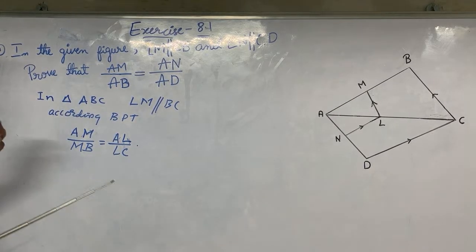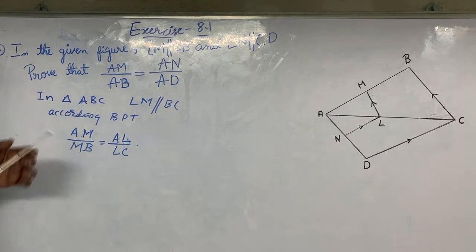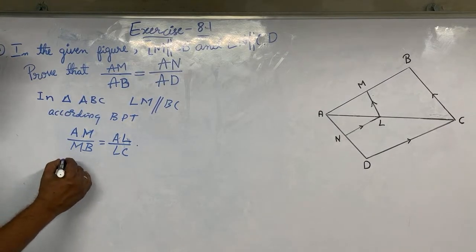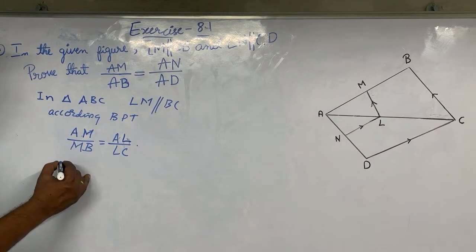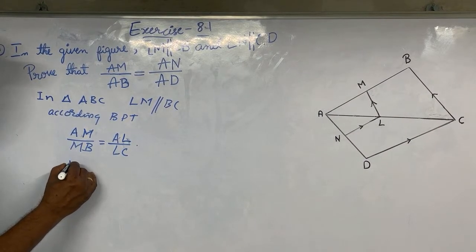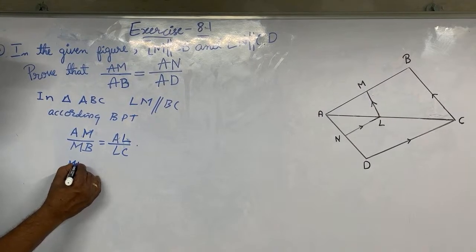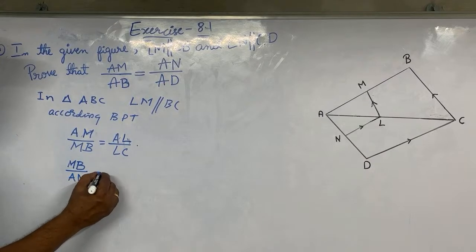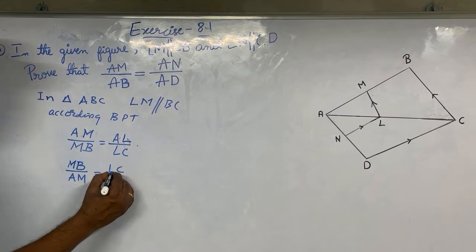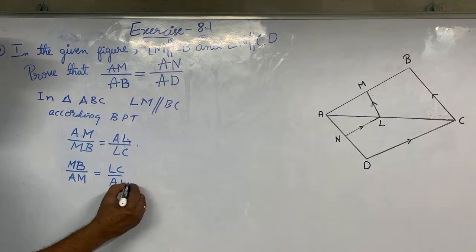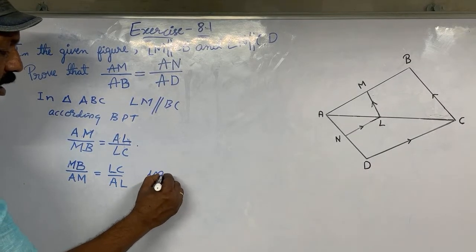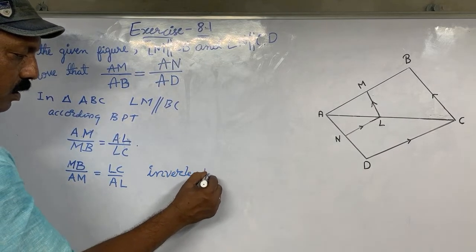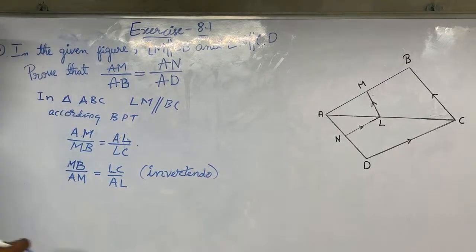Now don't get confused, and observe clearly while I am explaining. Here, with this ratio we have to do a certain short step. We have to invert it. That means you make the denominator the numerator and the numerator the denominator. MB by AM is equal to LC by AL. That means we did the reciprocal, which we call invertendo.